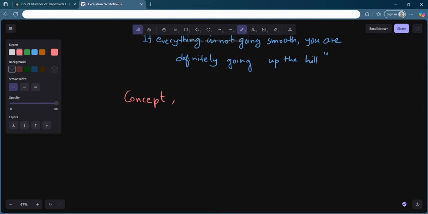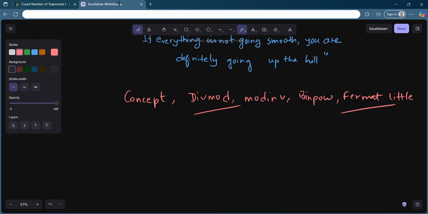So it consists of concepts like div mod and mod inverse and binary exponentiation, and Fermat's little theorem, many things it consists of. I will try to tell you everything from scratch.